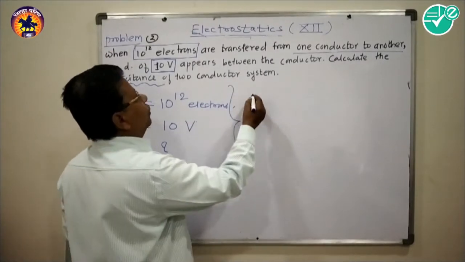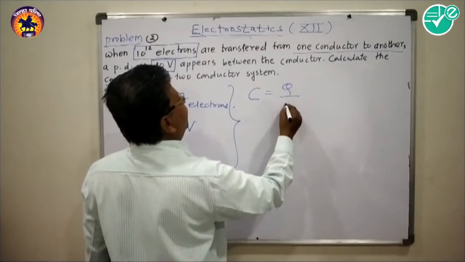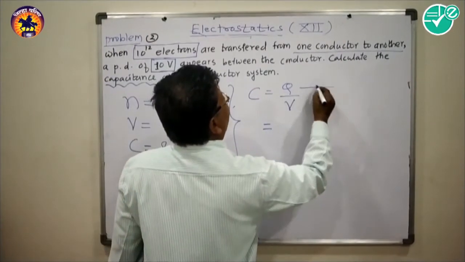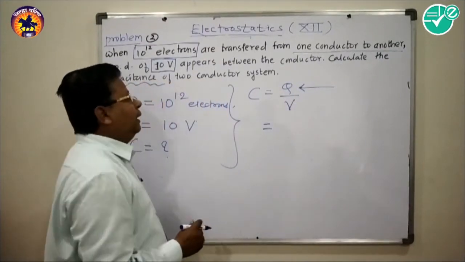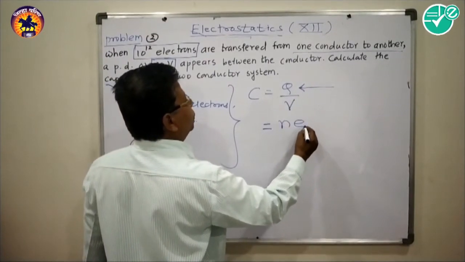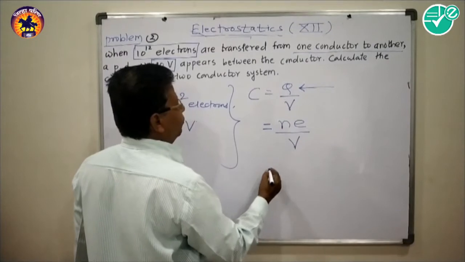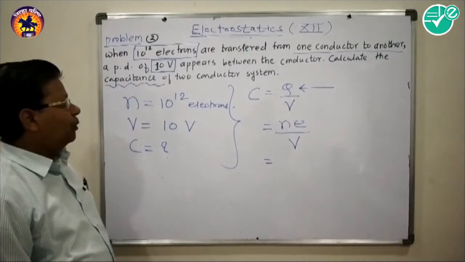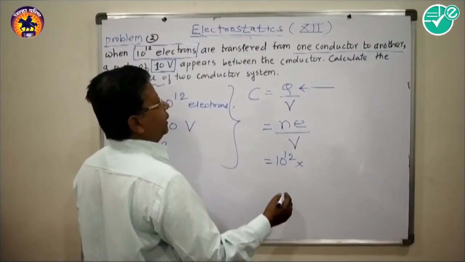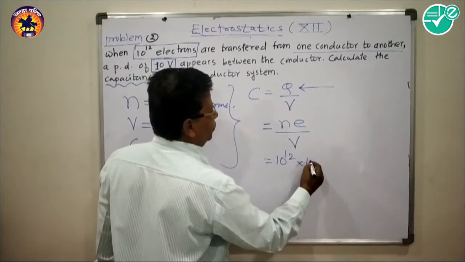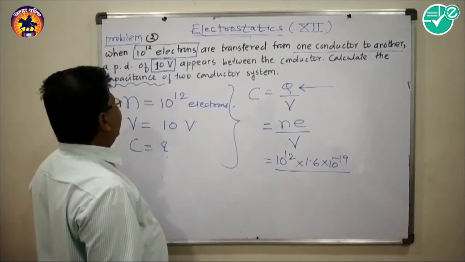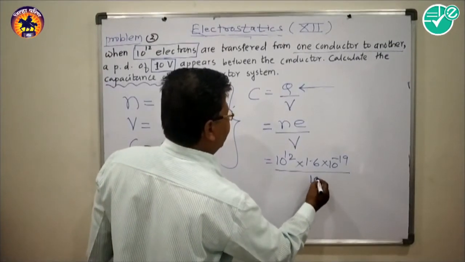Again, we know C is equal to Q by V, which is equal to, as we have learned in 11th standard, the value of Q is equal to N into E, divided by the electric potential V. Therefore, C is equal to N, which is 10 to the power 12, multiplied by E, that means the charge on the electron, which is 1.6 into 10 to the power minus 19, divided by the electric potential, which is 10 volt.